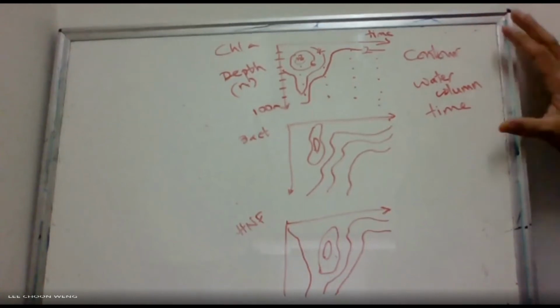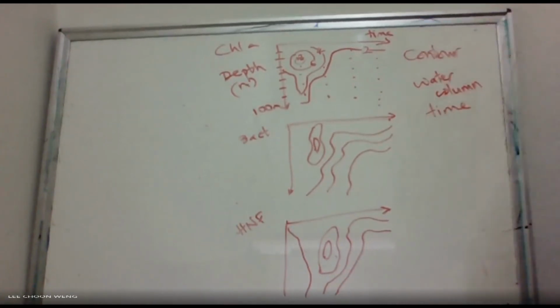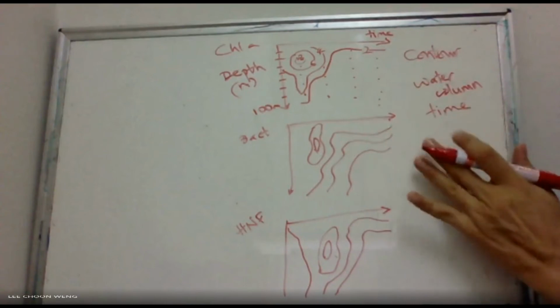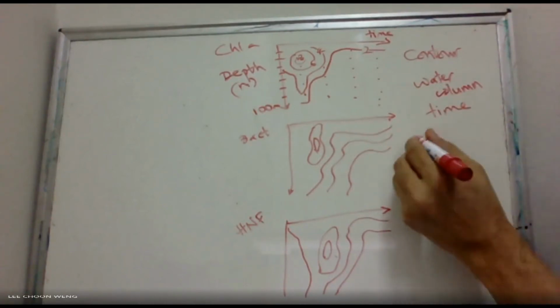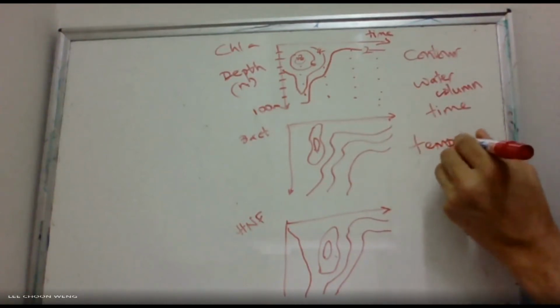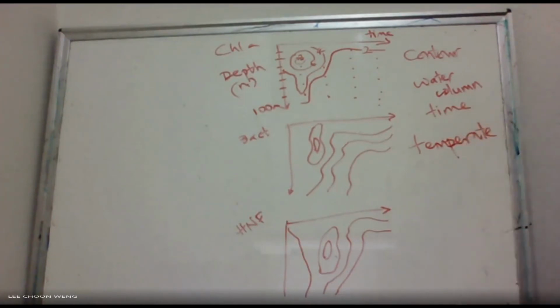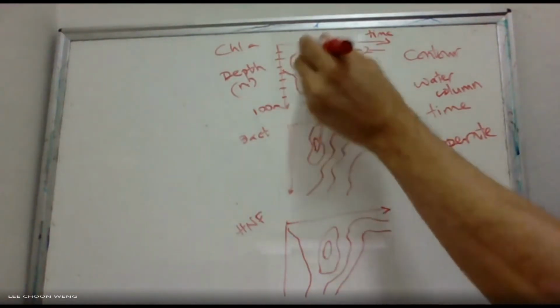Contour plots are also useful when looking at estuaries. This is something that most temperate regions will observe. You'll see a spring phytoplankton bloom.